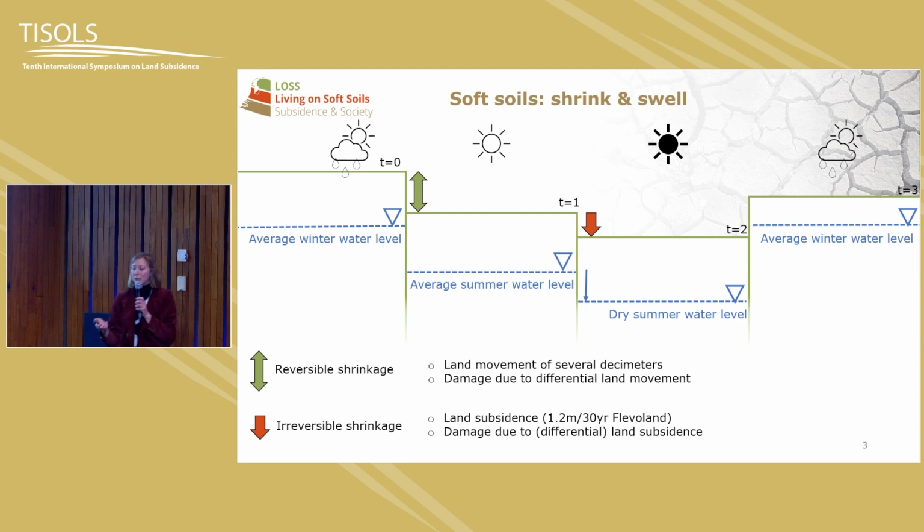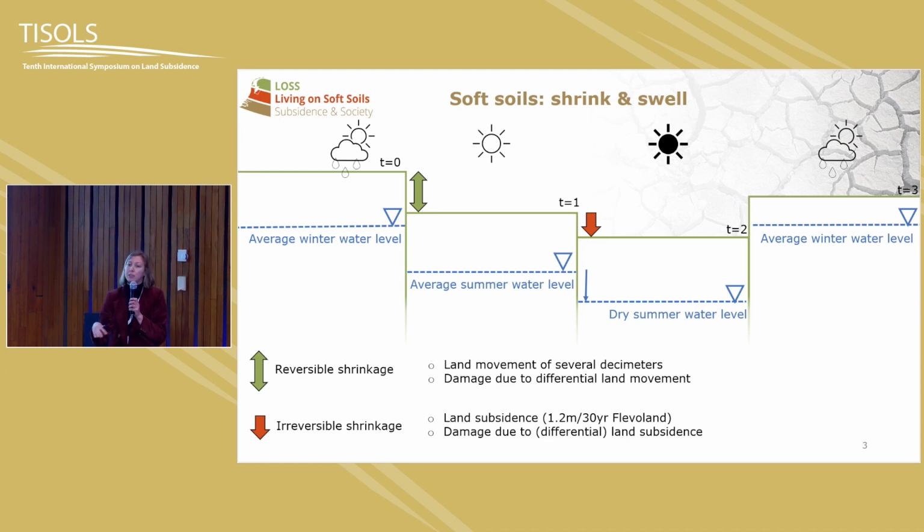Then if we get to a more extreme situation that I've highlighted at this TS2 point, then the water level is even lower than it used to be. So it's an extreme situation. It can be due to a very hot and dry summer, for example. And what happens then is that not only these pores are sucked into each other a bit, but the soil matrix reassembles itself.